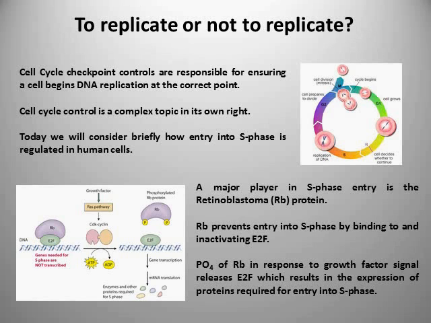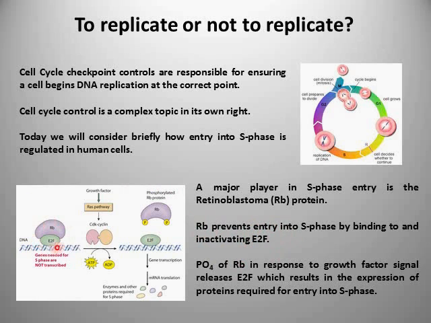So a major player in the control of entry into S phase, which the more conscientious of you might remember from human genetics, is this retinoblastoma protein, or the RB protein. So it's a master regulator of S phase entry in eukaryotic cells, in human cells. And what it does is actually, in G1 phase cells, RB works in a negative fashion to prevent entry into S phase.